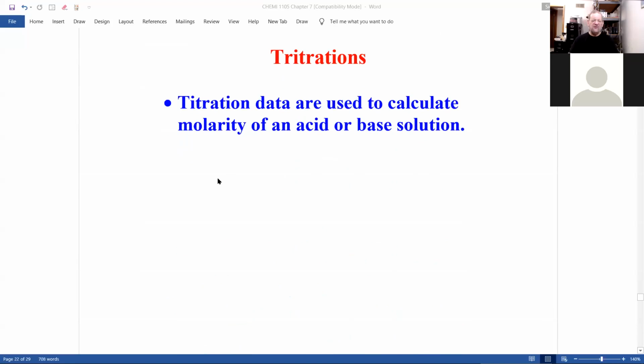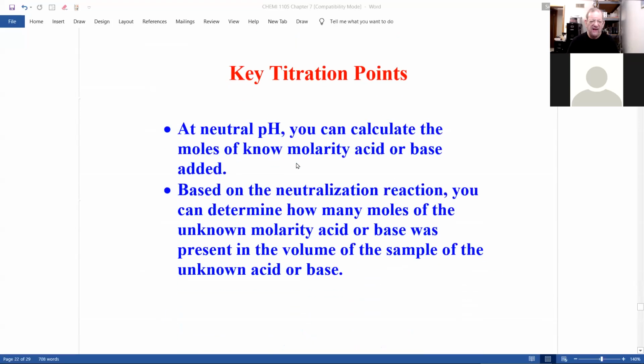Now, what a titration does is titration data are used to calculate molarities of acid or base solutions. And the key titration point is at neutral pH, when your pH indicator changes, or if you are using a pH meter, when you're at 7.0. You can calculate the moles of known molarity of acid or base.